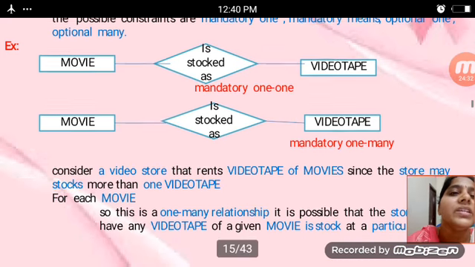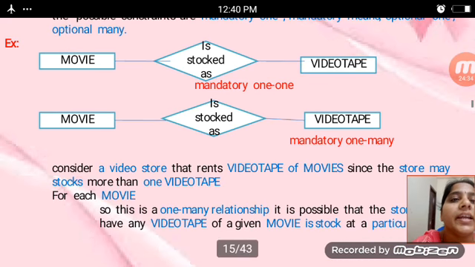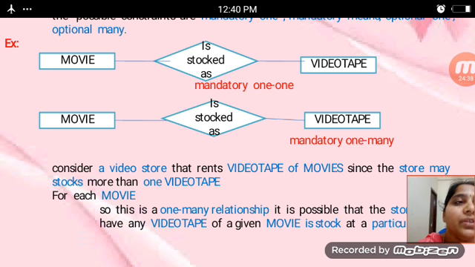In the next example, a movie and videotape have a mandatory one-to-many relationship. In the first example, one movie has one tape only, and in the next example, one movie has many videotapes. This is a mandatory one-to-one relationship and a mandatory one-to-many relationship. These are the cardinality constraints.